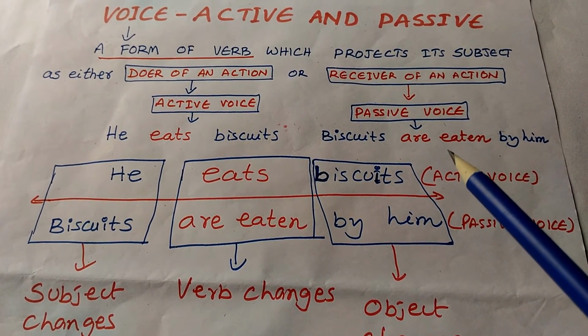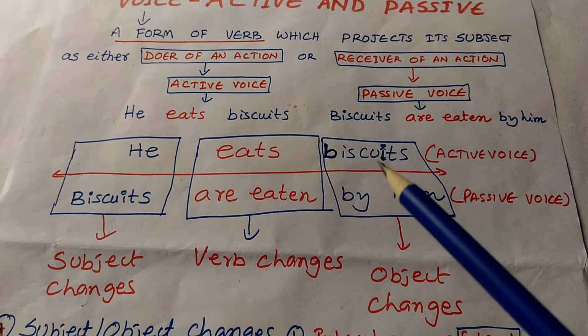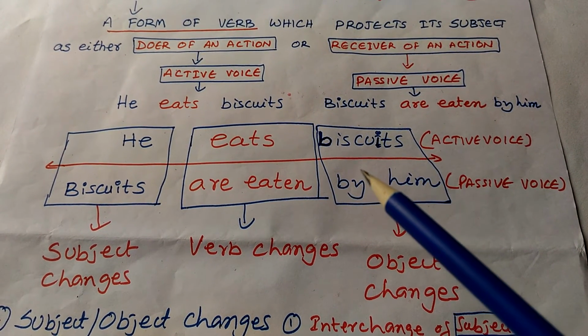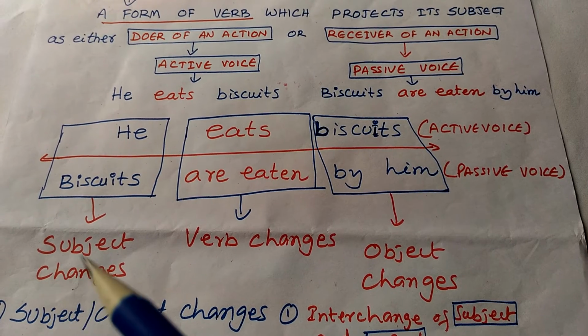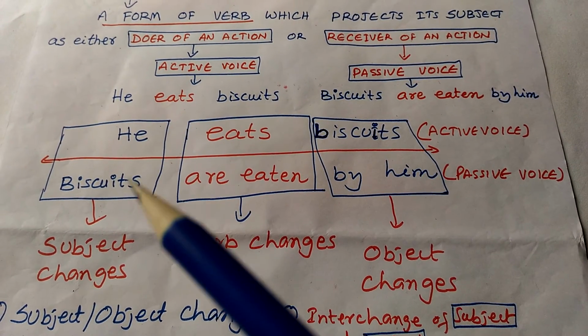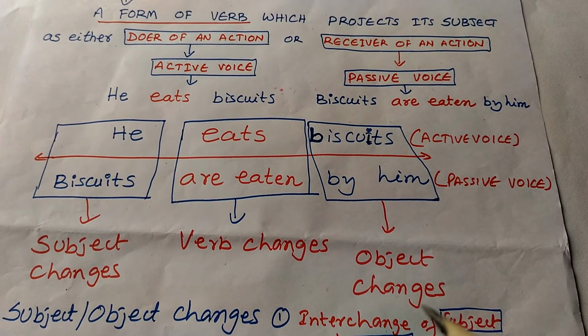Well, when we look at the sentences of active voice and passive voice, we know clearly what changes we have made. First one, we have made the subject changes. Look at these subjects. The subjects have been changed. And object changes.